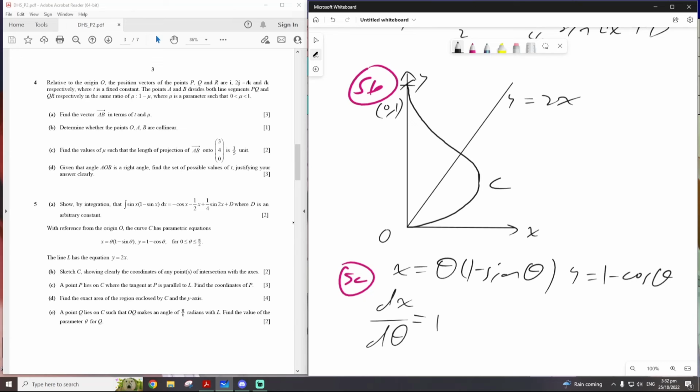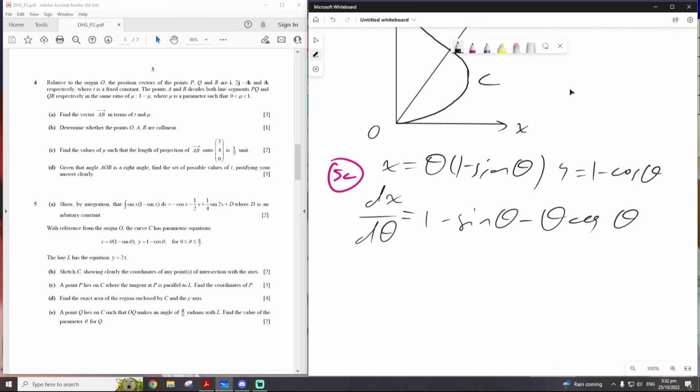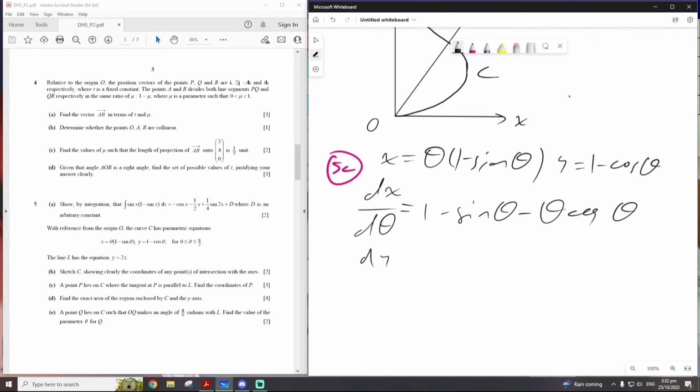This is 1 minus theta sine theta, differentiate, you get sine theta minus theta cosine theta. And dy d theta is very simple, it's just sine theta.